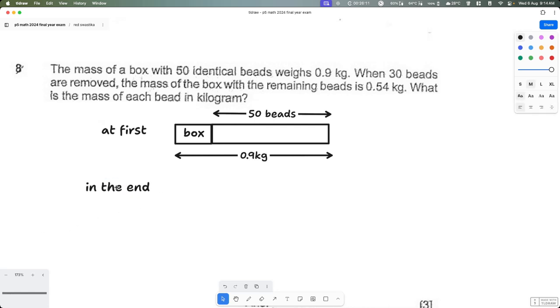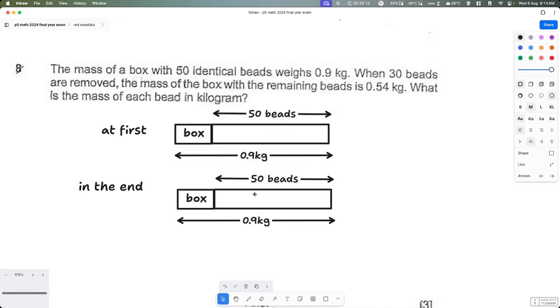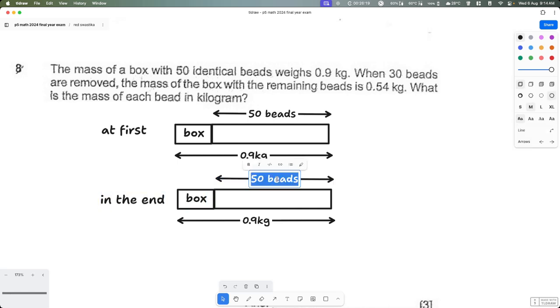Then similarly, we still have the same box. The remaining beads is, instead, we remove 30, so this is 20 beads left.